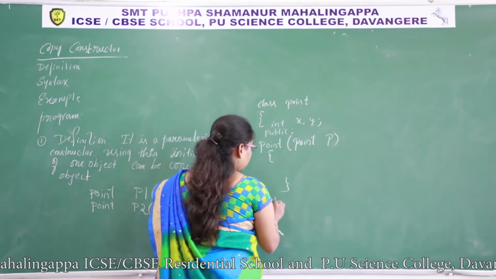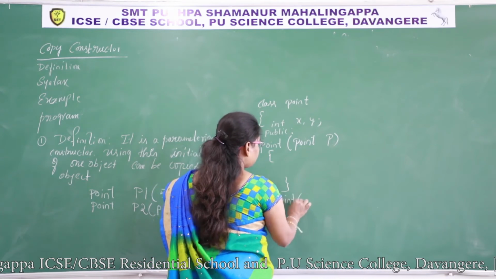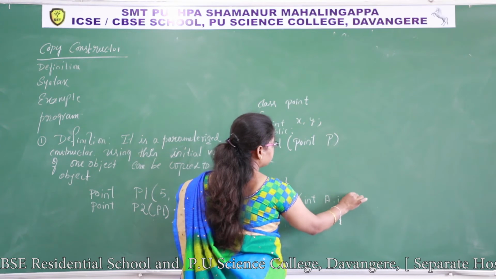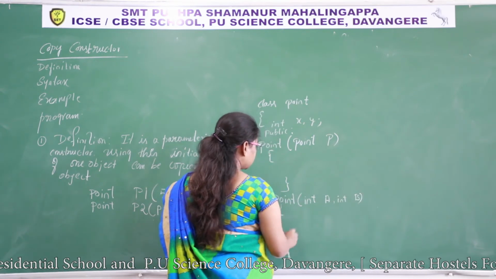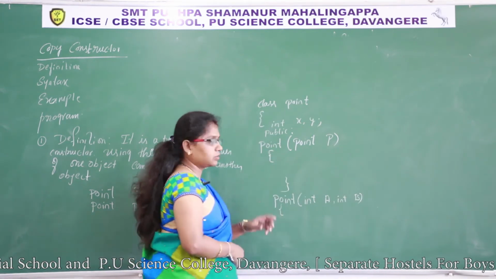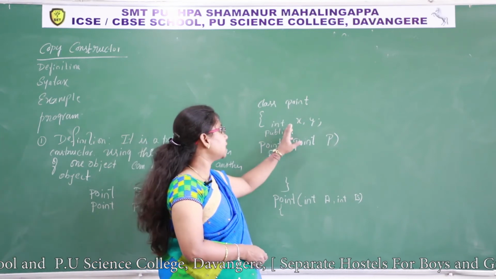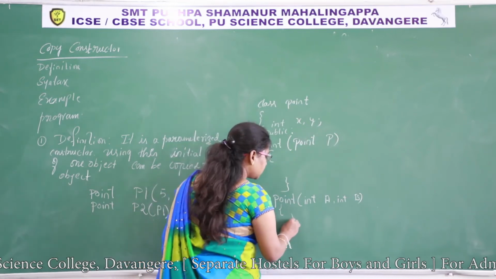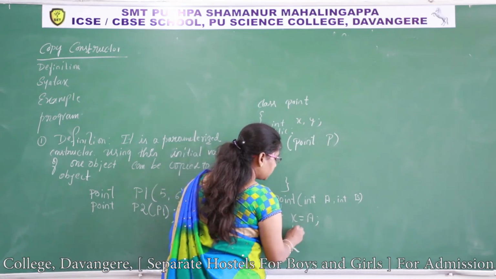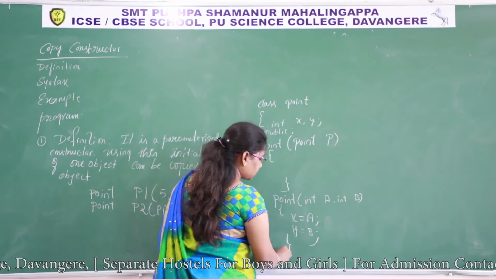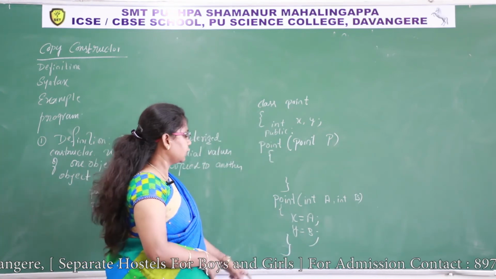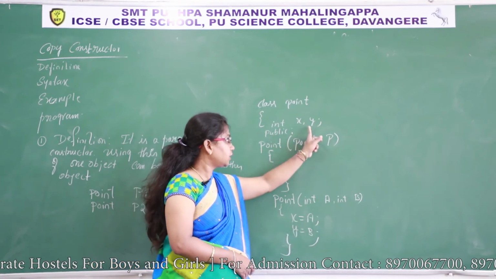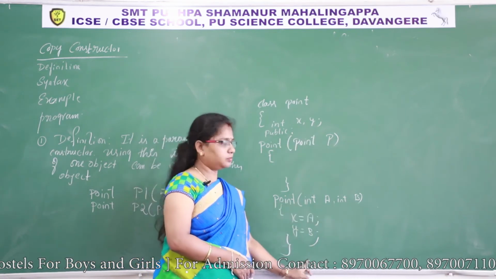So I must write Point, open parenthesis, int A, int B, close parenthesis. So ultimately we are going to initialize the values for data members x and y. So x is equal to A and y is equal to B. Close. So x gets the value of A and the data member y gets the value of B.